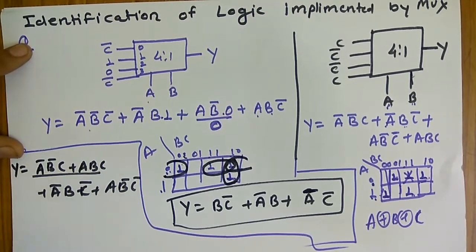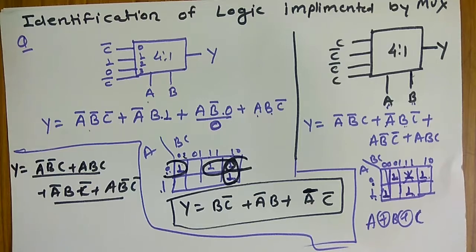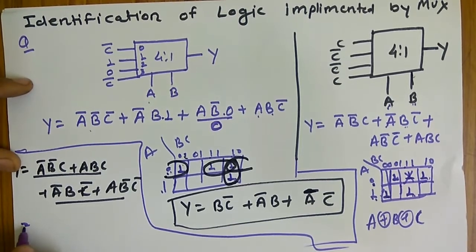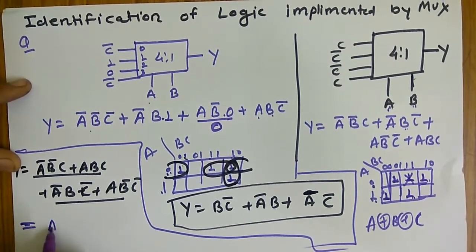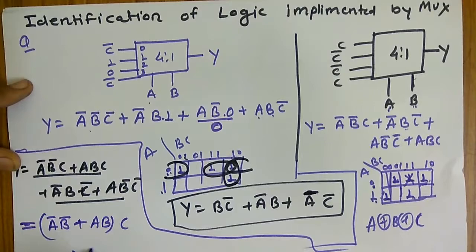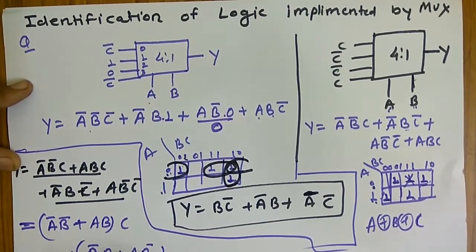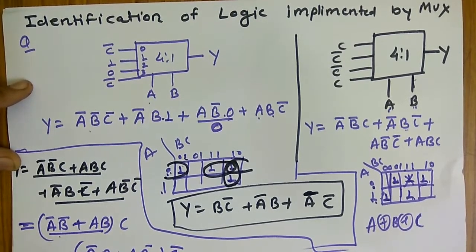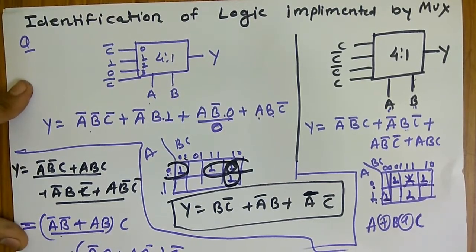From here take c common, from here take c bar common. So, just for proving this, a bar b bar plus a b into c, plus a bar b plus a b bar into c bar. So this is nothing but XNOR, and this is XOR.